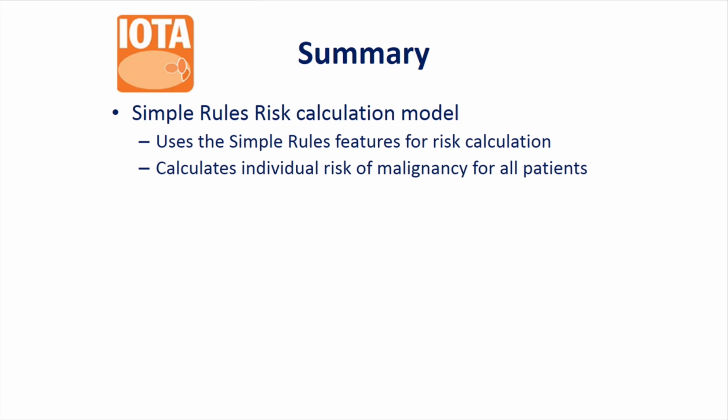When we use the simple rules risk calculation model, we enter the 10 ultrasound features into a mathematical model that calculates the individual risk of malignancy for each patient, but that requires access to a computer.